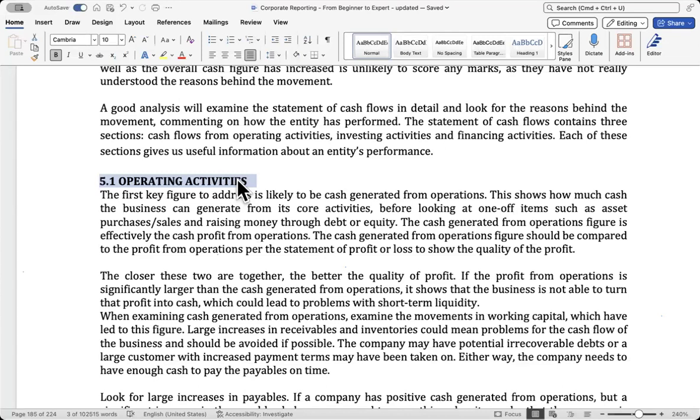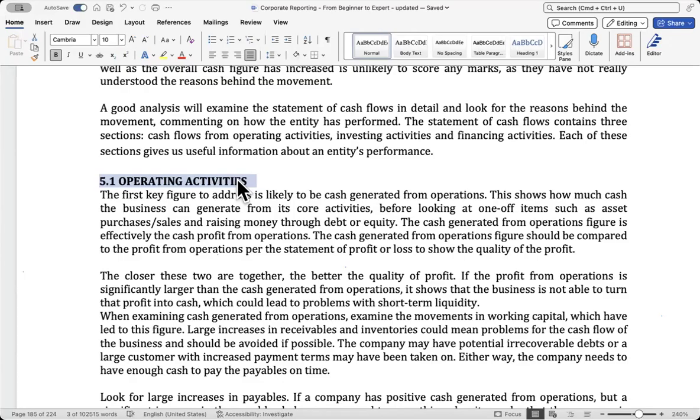Another one is that by the time you look at movements within the operating activities, because operating activity will show you movement in your receivables, movement in your payables, movement in your inventory. It shows a lot.